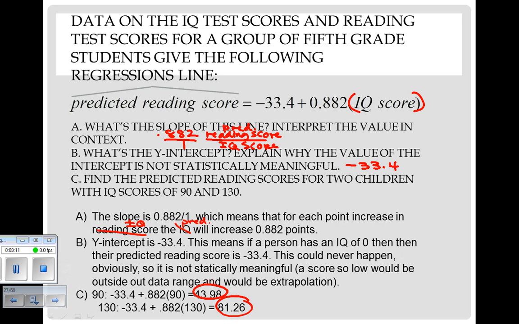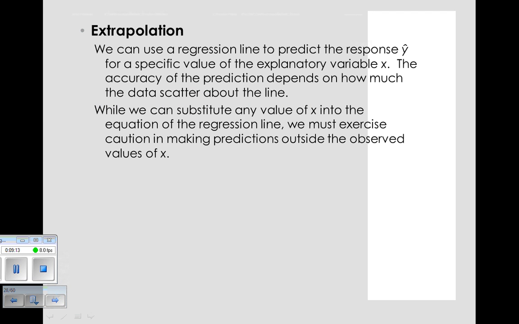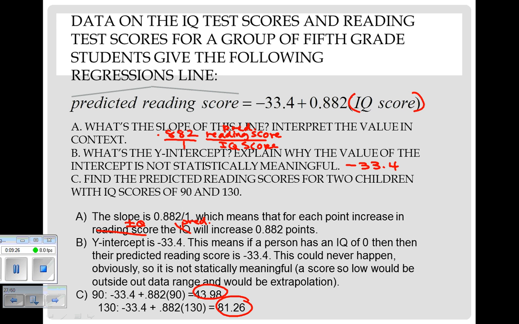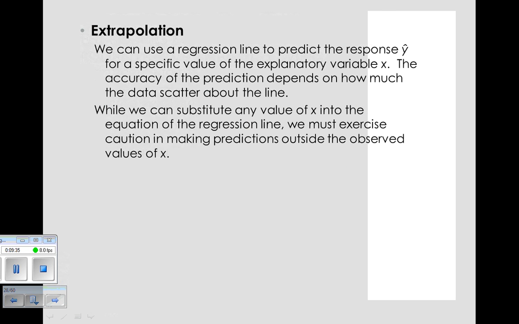Okay, sorry about that. All right, extrapolation, what does that mean? When we use the regression line to predict what would happen, the way we plugged in the 90 and the 130 to see what those predicted reading scores would be. If I plug in a value that is way outside all the rest of the observed values of x, that's called extrapolation, and we don't want to ever do that.